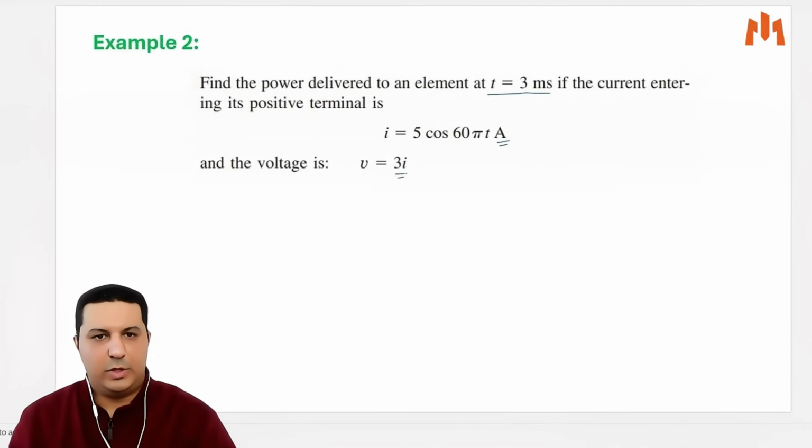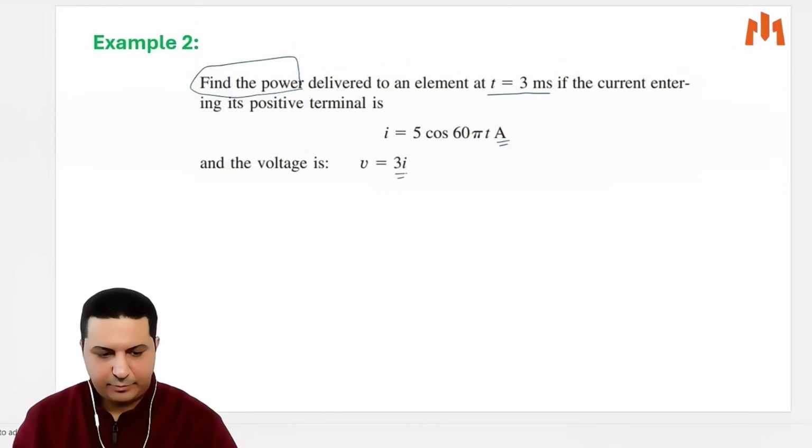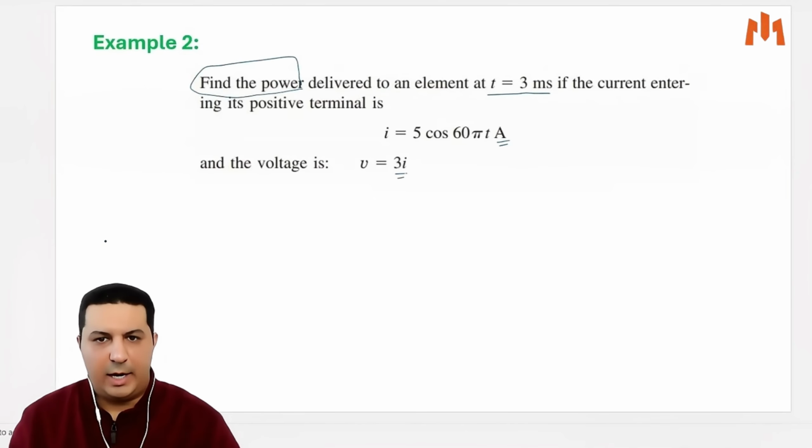So let's go. You know that we are looking for the power. As you know, v is 3i, first of all, and i is this.